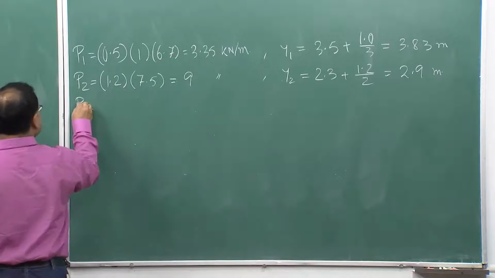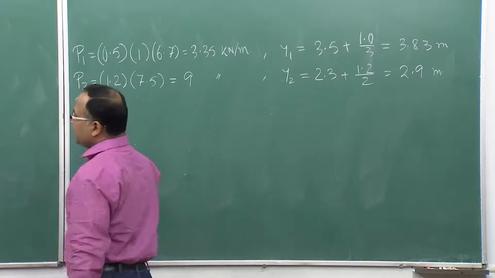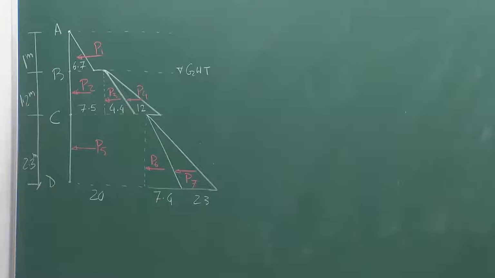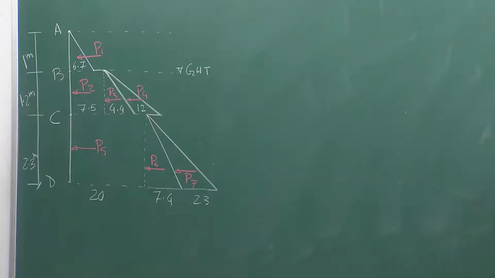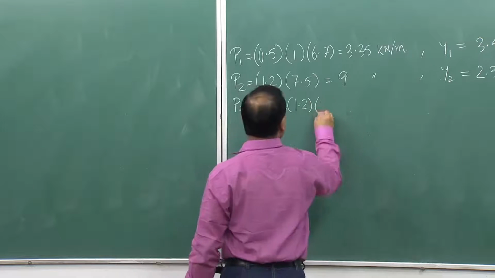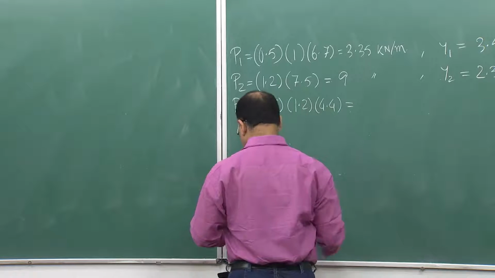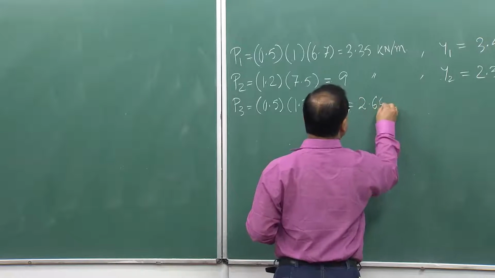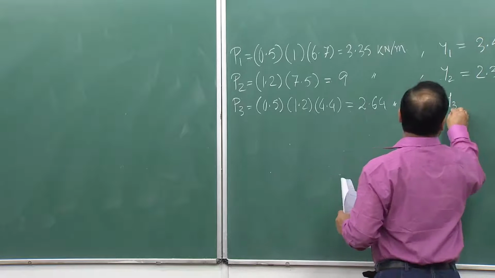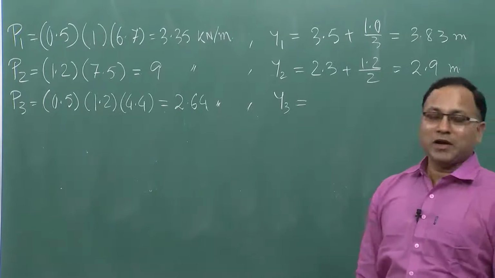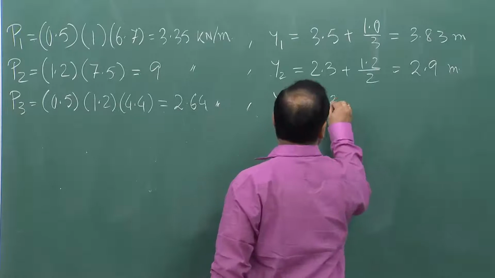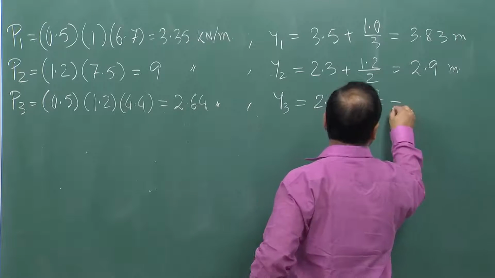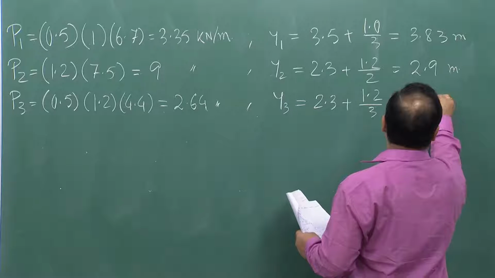Now, coming to P3. P3 again is a triangular distribution. So, 0.5 into height 1.2 and base 4.4, that gives me 2.64 kilonewton per meter run, and where is it acting? Y3. Now, look at this plot, Y3 will be 2.3 plus 1.2 by 3, that comes as 2.7 meter.